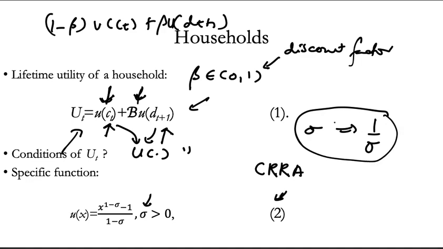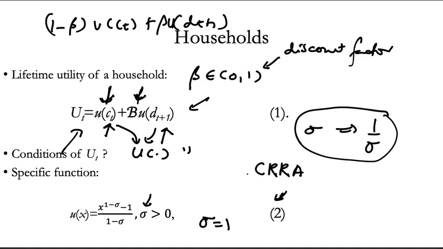But to be more specific, it is actually a measure of an individual's willingness to substitute consumption over time, in this case between youth and old age. So the value of sigma here is positive, but let's say we have a specific value in which sigma is equivalent to 1.